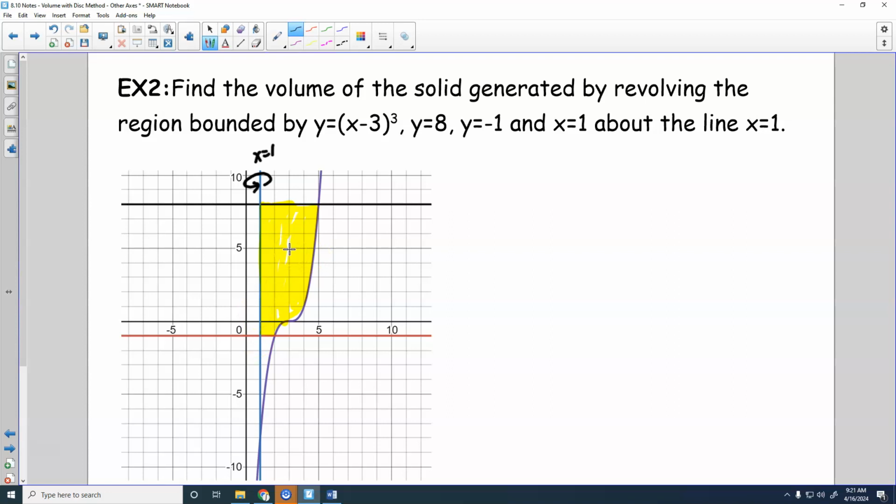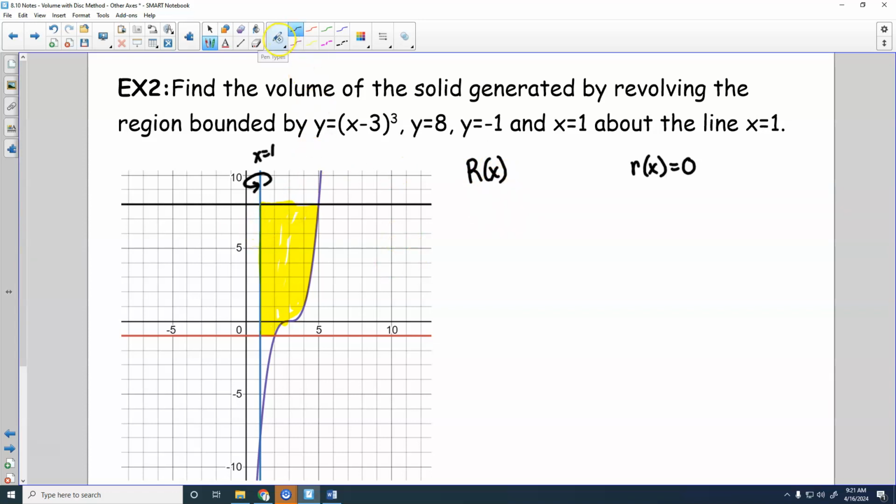area right up next to the line that you're rotating around, your lowercase r of x doesn't really exist. It's just 0. There is no hole in the middle because that lowercase r is for the hole part of the function. So we really only need a capital R of x. So my capital R of x, this is a vertical line.